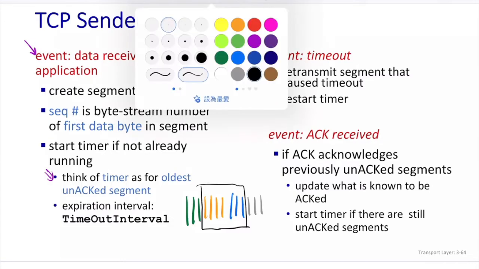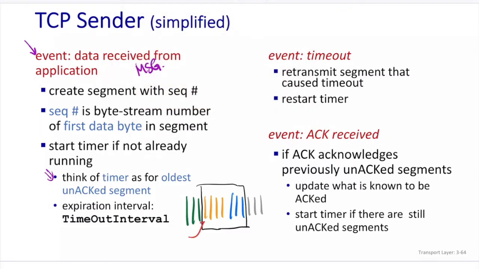And here, there should be a timer for the very first yellow segment, which is the oldest unACKed segment right here. The expiration interval of the timer right here is the timeout interval, which we calculated before, right? And if the timer times out, it will retransmit the segment that caused the timeout, which is exactly the first yellow segment in the window, and restart the timer.